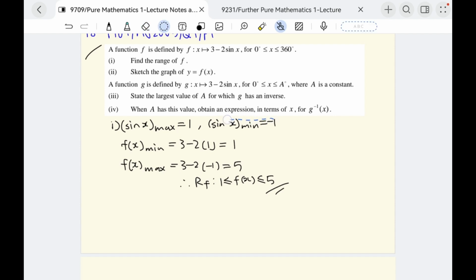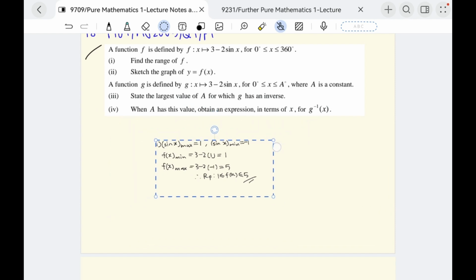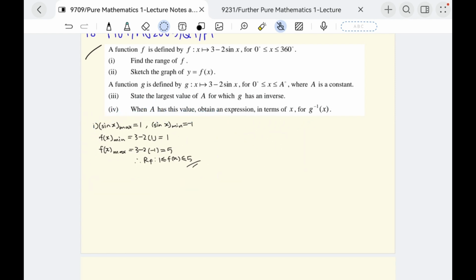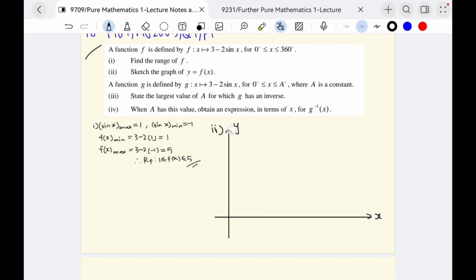But I may remove the workings for part 1 to allow me to perform the workings of the graph. So this is x and y. Don't forget the labels. It starts from 1 to 5 with an amplitude of 2.